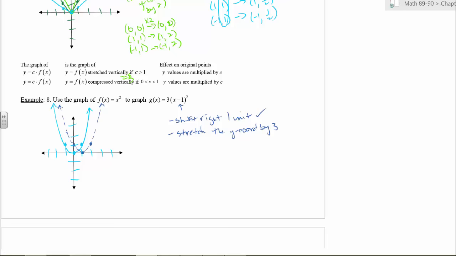So I'll come in with a different color here so you can see that. We'll do red. So that means multiply the y coordinate by 3. And this will be from the dark blue graph because we've already done the shift right. So the y coordinate of 1, 0 is 0.